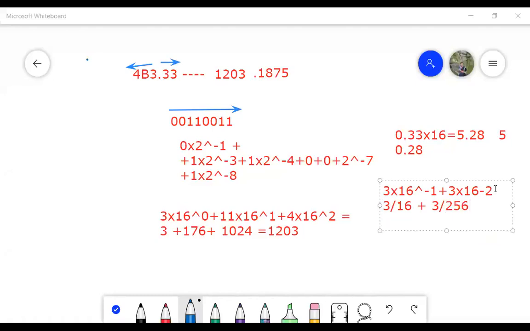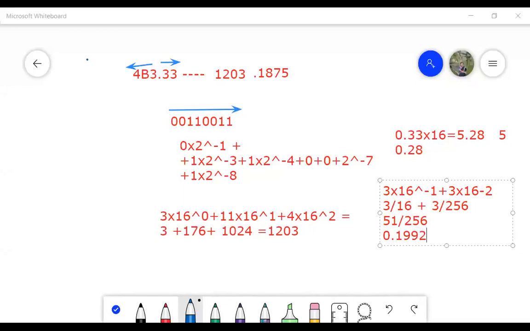Now what will be the solution? 3 divided by 16 plus 3 divided by 256 will be equal to 51 divided by 256, which will be equal to 0.199, which is almost closer to 0.1875. 0.1992, it goes on.